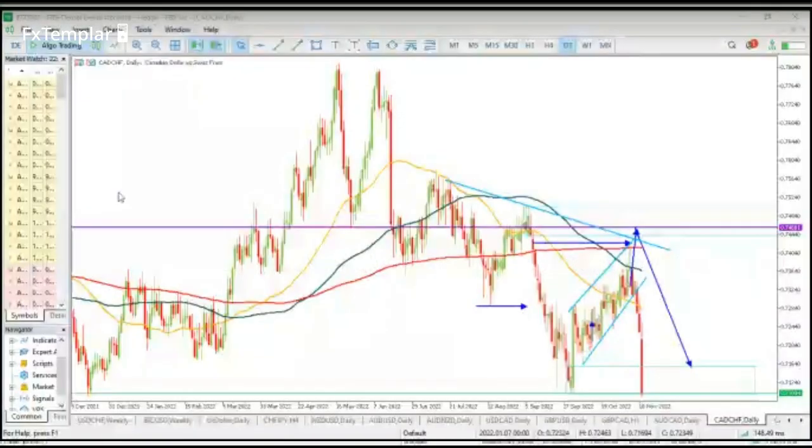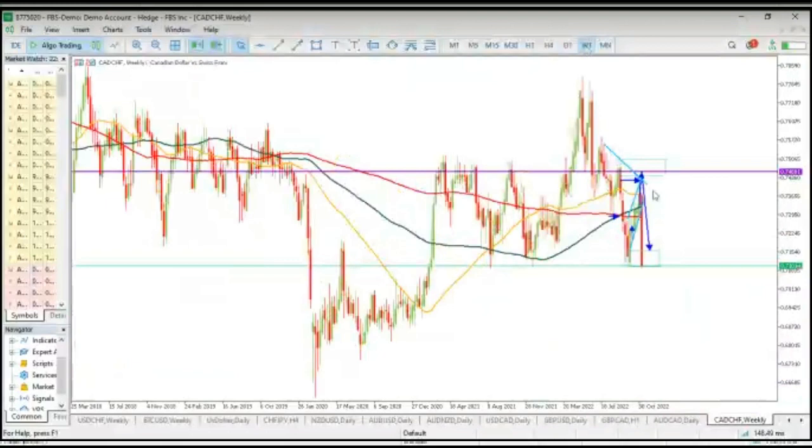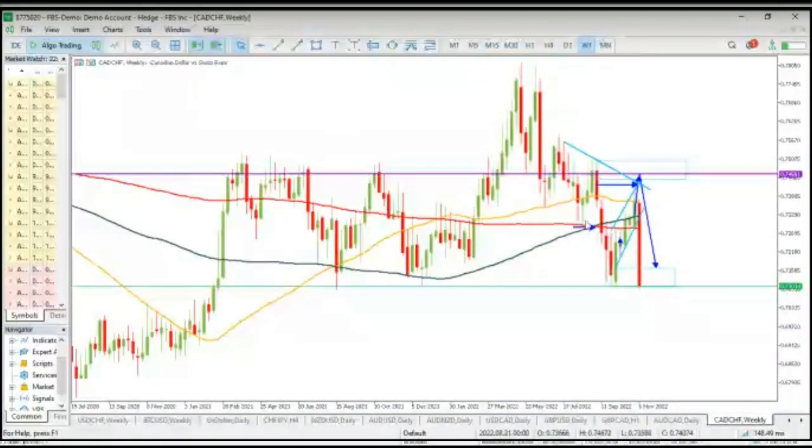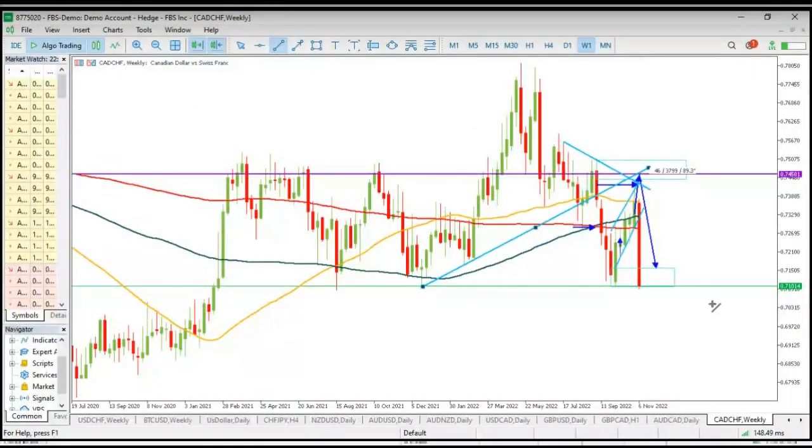So let's look at CAD CHF. This is the daily time frame, and as far as I'm concerned, this is a drop from the weekly time frame, so it is still going very far. You can see this was the break of structure on the weekly time frame, and currently this nosedive is going to go far. I expect it to go at least to somewhere around here.